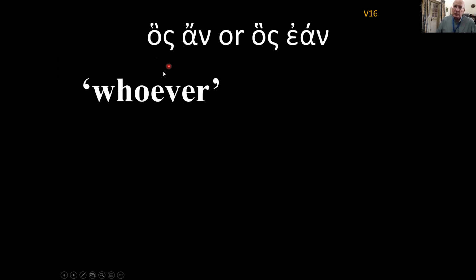Whoever throws, whoever goes, whoever believes. Pisteuo then would have a subjunctive ending in that case. Pisteue, for example, hos an pisteue, whoever believes. Notice the potentiality, the possibility of believing that's expressed by the subjunctive mood.